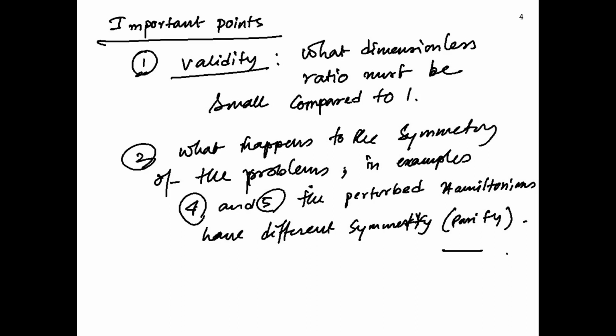Now what happens to the symmetry of the problem, as I mentioned in problems 4 and 5, you can see what is the nature of the corrections. Is it an odd function or even function, and which order corrections are more relevant. So by just twisting the problem a little bit, how much the answer changes, that is also something to wonder about.